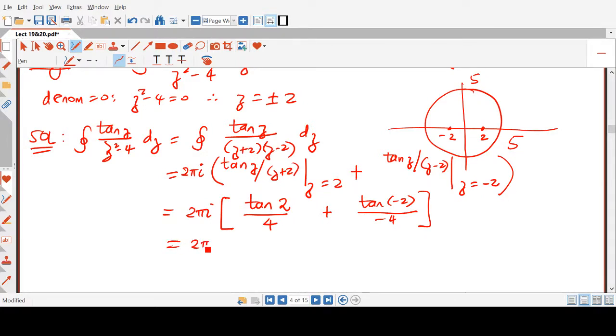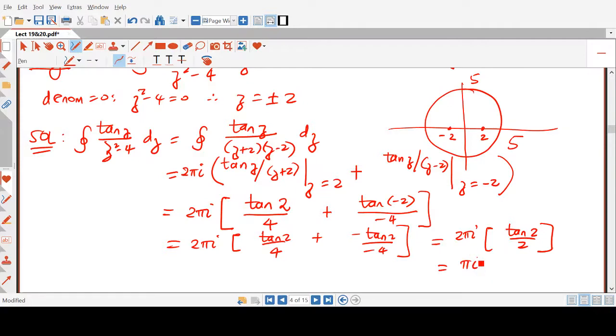It's 2 pi i times tan 2 over 4, plus minus tan 2 over minus 4. What's that like? Half of tan 2 plus half of tan 2. It's 2 pi i times tan 2 over 2. So it's pi i tan of 2.